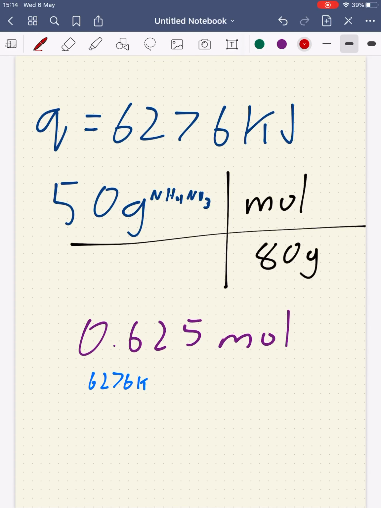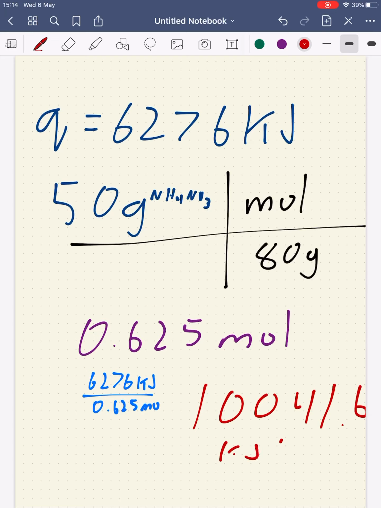So just put that into a ratio, kilojoules per mole. Let your calculator do the work, and I guess I'm going to rewrite the answer here. I think it was 10,041.6, if I remember correctly. I accidentally erased it. You can check my math on that one. Okay, so there you go. That's how you have it, right? That's kilojoules per mole. All right. Okay.